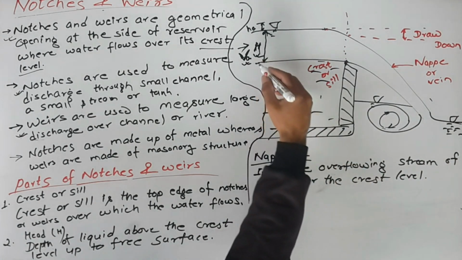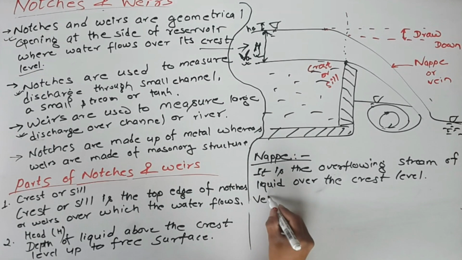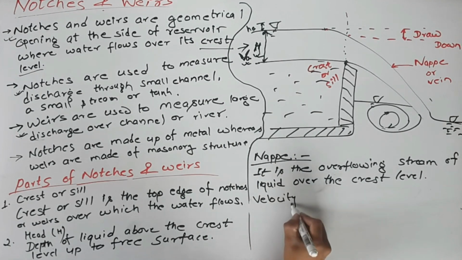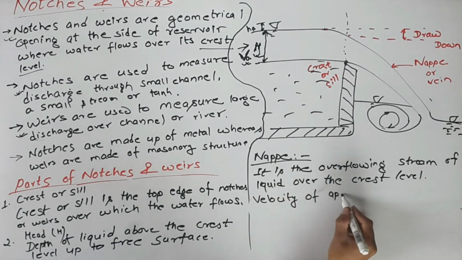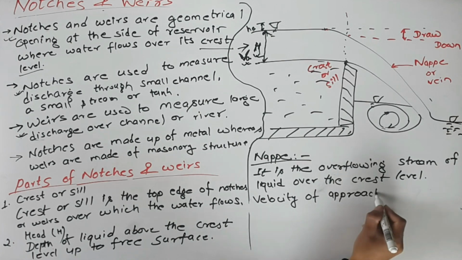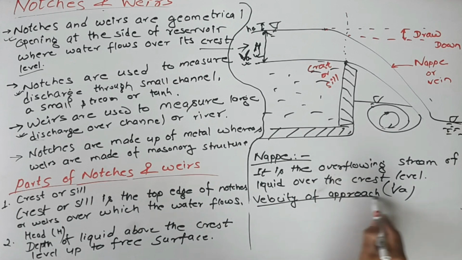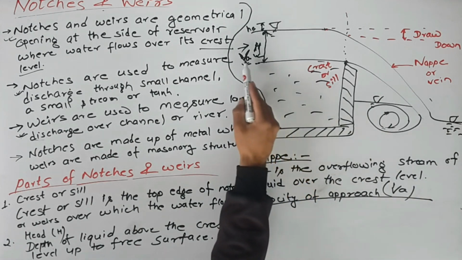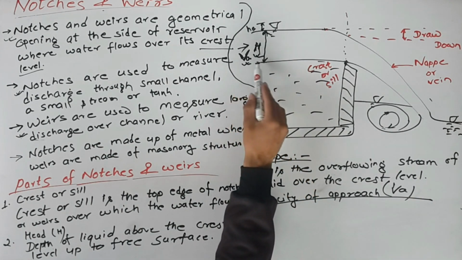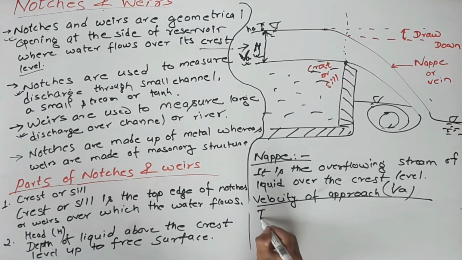Now we have velocity of approach. It is the velocity with which the liquid approaches the notch or weir.